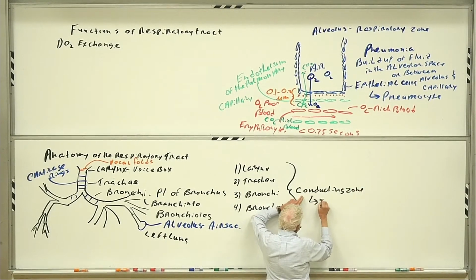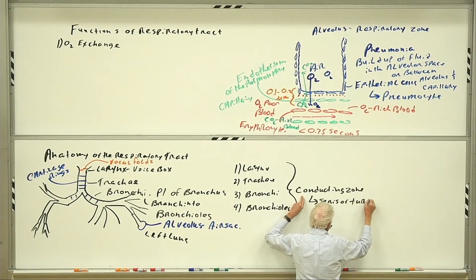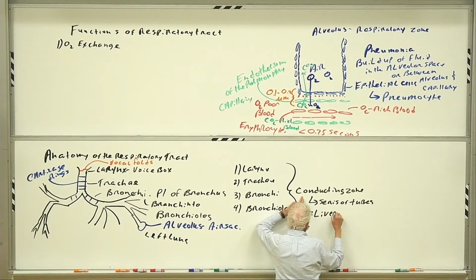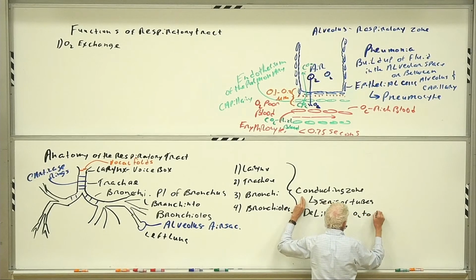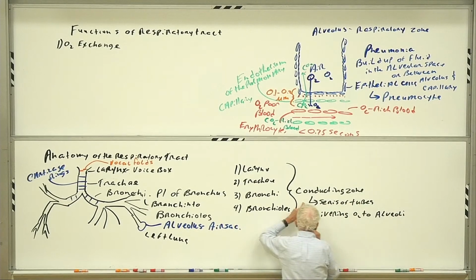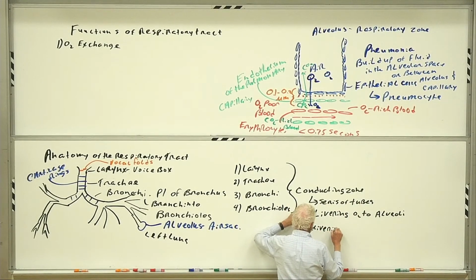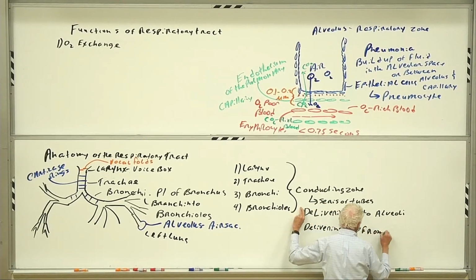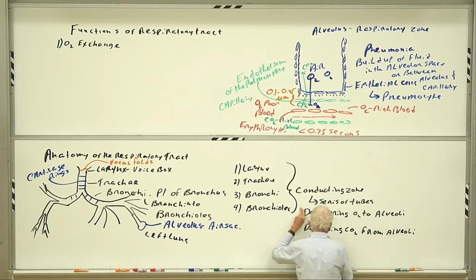These are a series of tubes delivering oxygen to the alveoli and delivering CO2 from alveoli to the outside world.